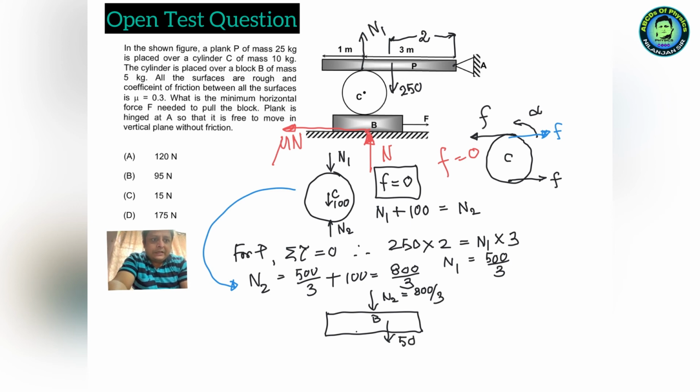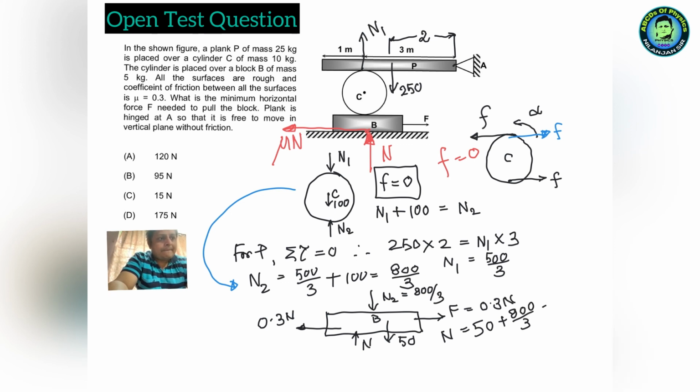There you have the normal reaction at the ground N, and there you have mu N. Mu is 0.3, so 0.3 times N, and the minimum force needed to pull, F, is also equal to 0.3 times N. So you have to find out N. If you balance the forces vertically on the block B, you find N is equal to 50 plus 800 by 3, that means 950 by 3.